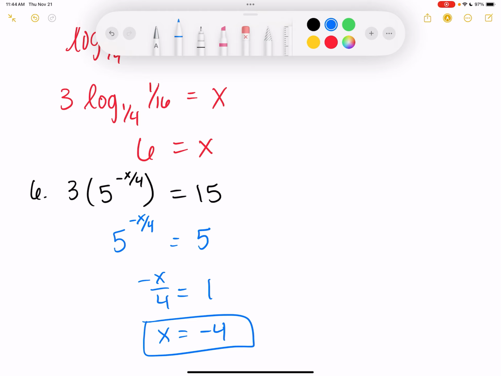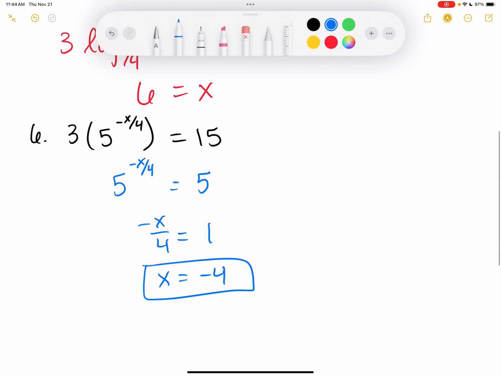So those are exponentials. We use a log to solve them. There's a few in this as well that are logs to be solved. So number 10, log base 4 of 1 minus x equals 1.